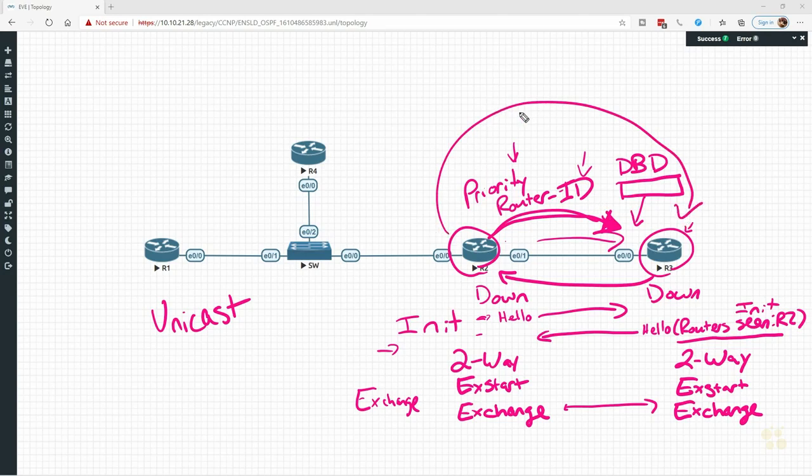And when it makes that request for the routes that it doesn't know about, it will move into the loading state, because it is loading routes from the other router. It will look at the database descriptor that has been sent to it and say, I don't know about these routes, let me request those. Once all of the routes have been sent back and forth, it moves from loading to full.